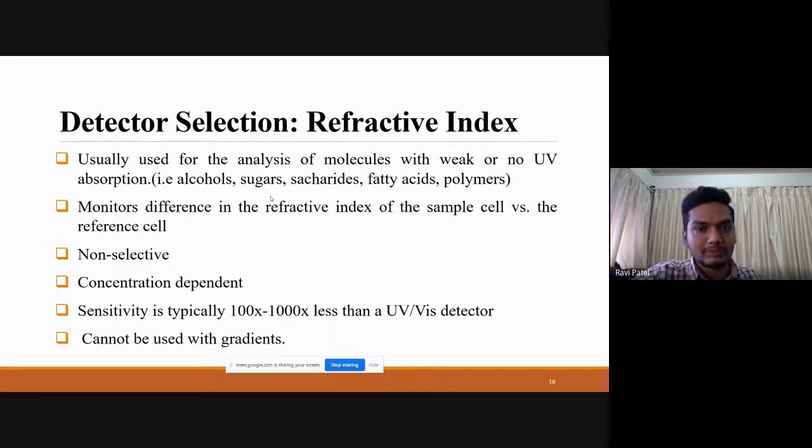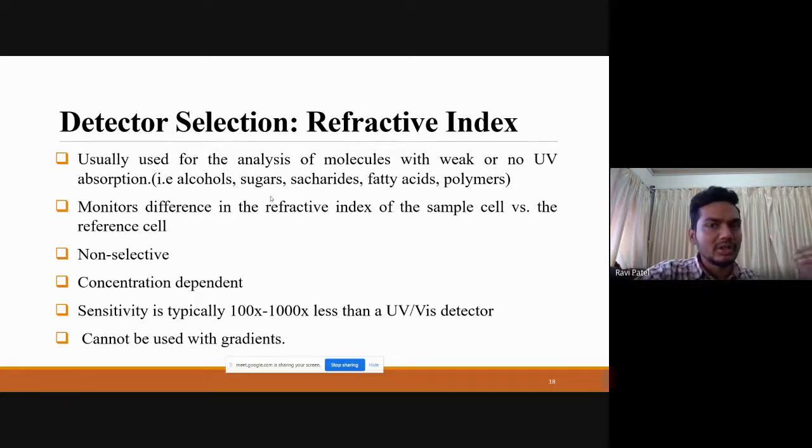But we know that a sugar has a different refractive index with respect to the solvent. If we dissolve glucose in water, or fructose in water, these two have different refractive indices.